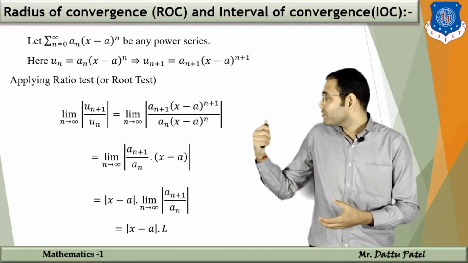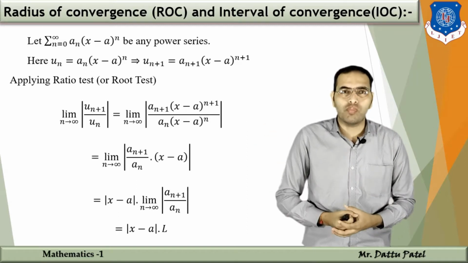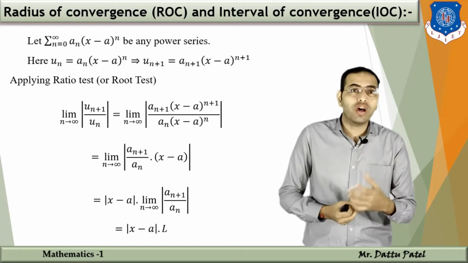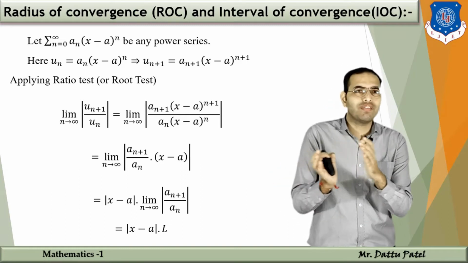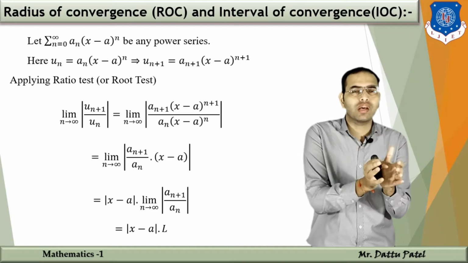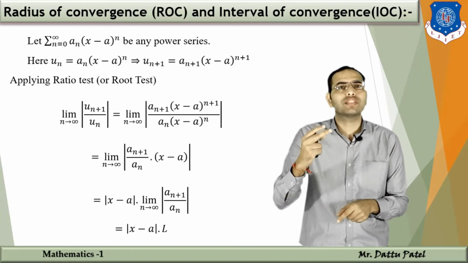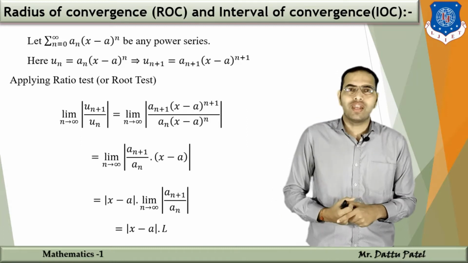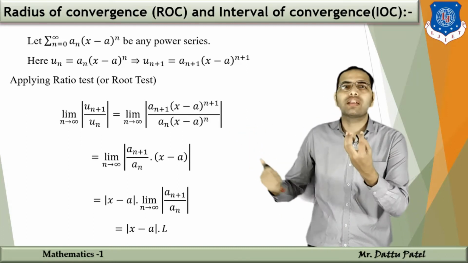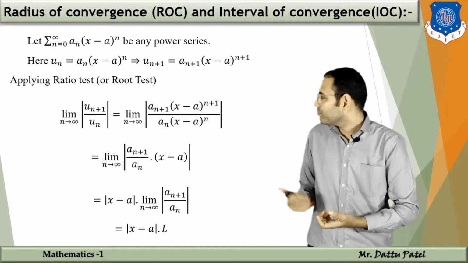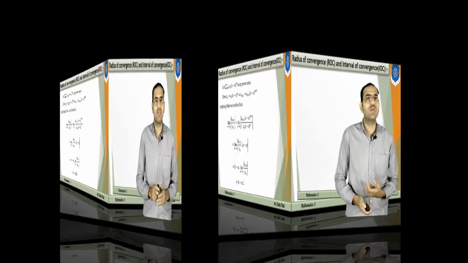Here x is a variable, which means we don't know whether the value of x is positive or negative, so x minus a is a common term that is constant with respect to n. Then applying the limit n tends to infinity of mod of a_(n+1) upon a_n, and solving that term, we get a finite value, indicated by L. Then it becomes mod of (x minus a) into L.